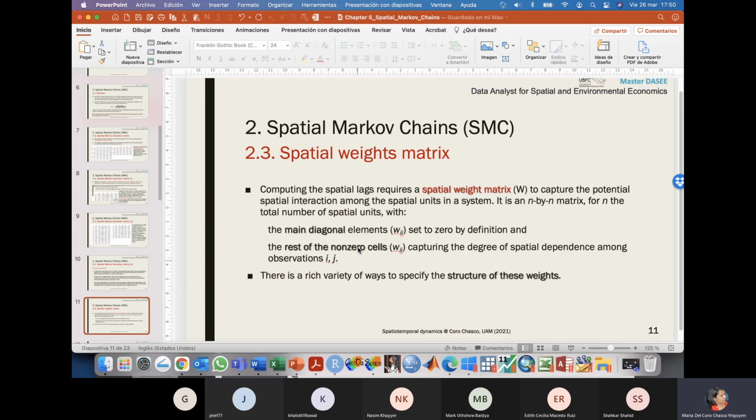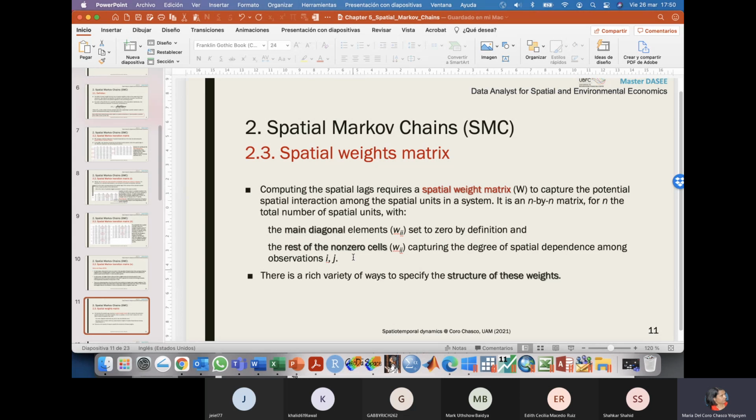Because by convention we consider that a spatial unit cannot be its own neighbor. So this is why we set 0 there, as we set a 0 for non-neighbor units and a 1 for the neighboring ones. The rest of the non-zero cells capture the degree of spatial dependence among the observations, so the degree of spatial interaction.